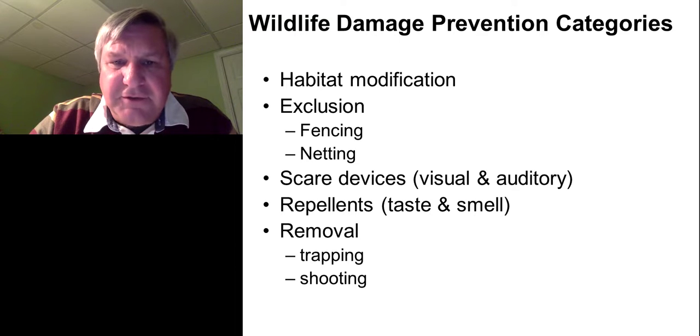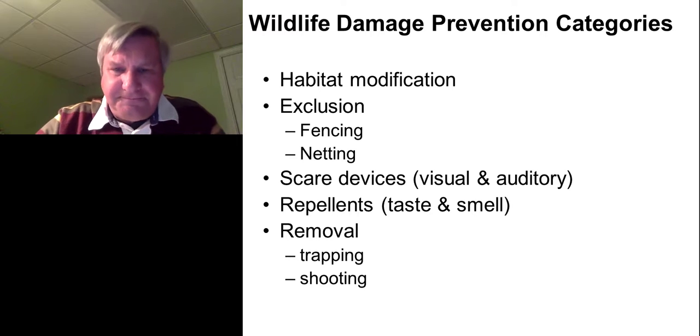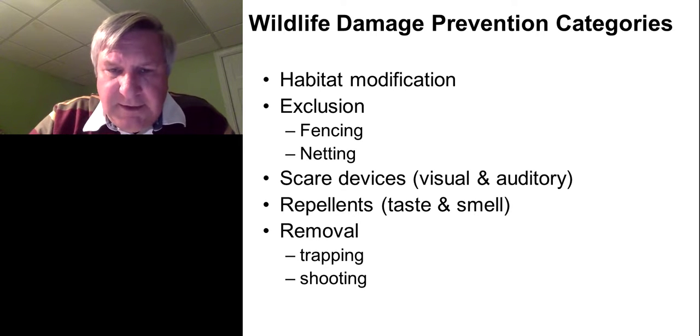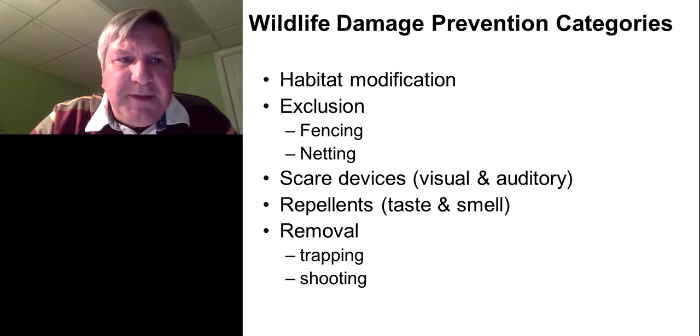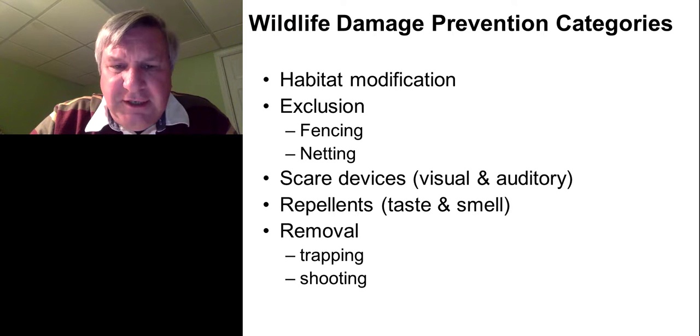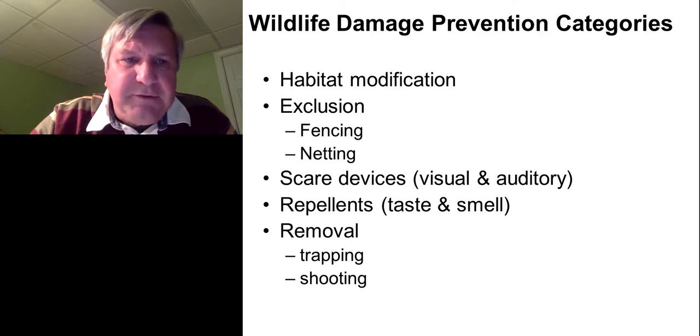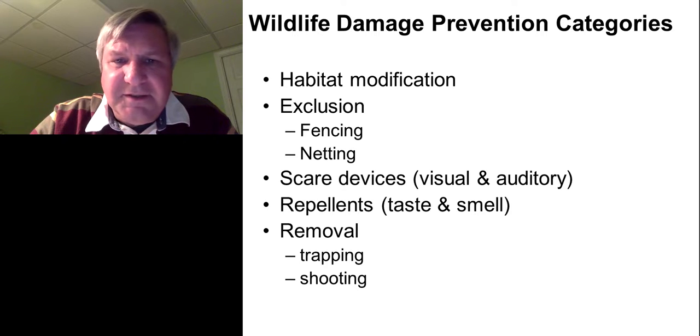We talk about exclusion with fencing and netting that we'll go through in a little more detail. Taste and smell and odor repellents that are applied on or near the crop. And finally, removal or lethal control methods, trapping, shooting, toxicants. These are the steps we go through in our control model.